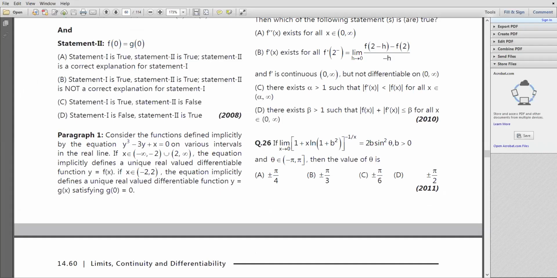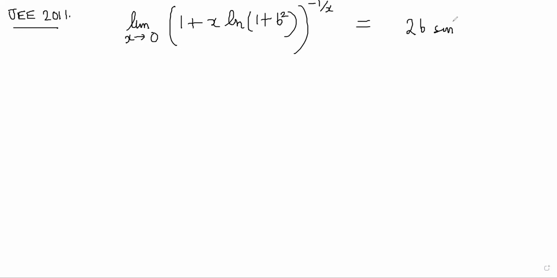The limit of x tends to 0 of (1 plus x ln(1 plus b square)) to the power minus 1 by x is equal to 2b sine square theta, where b is greater than 0, and you have to find the value of theta, given that theta lies between minus pi and pi.